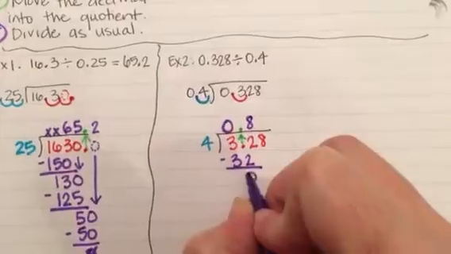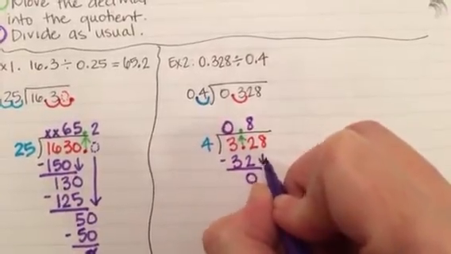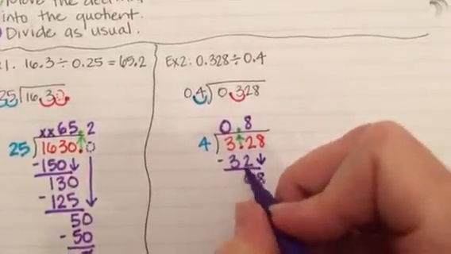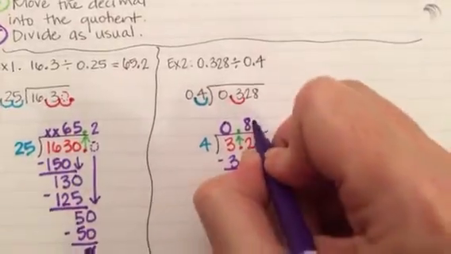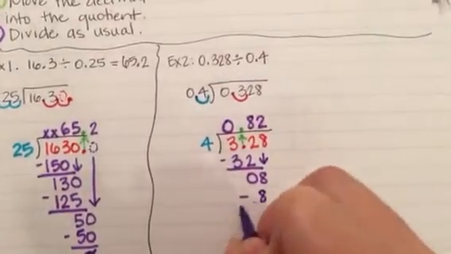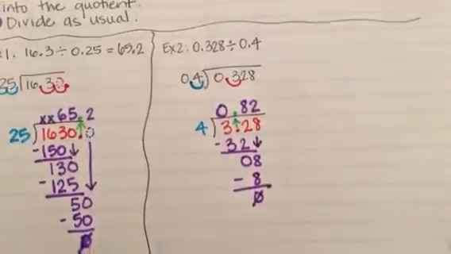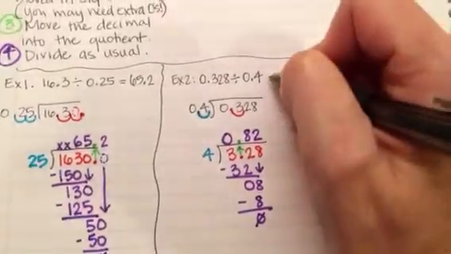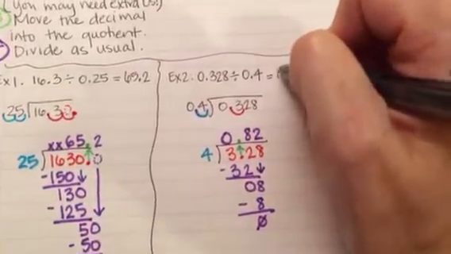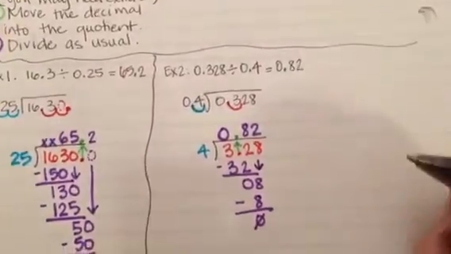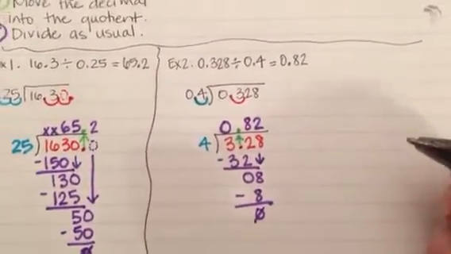So that's a good subtraction, and that gives me 0. And then I drop my 8 into place, and 4 will go into 8 2 times. And there's my 0, so that means I'm finished with this problem. And that means my quotient for this one is 82 hundredths.